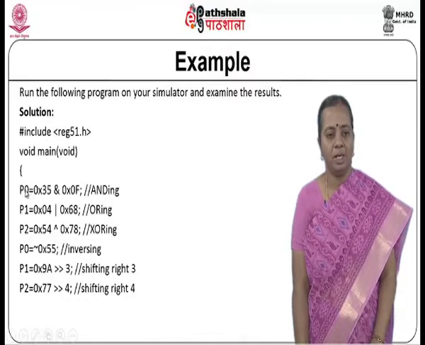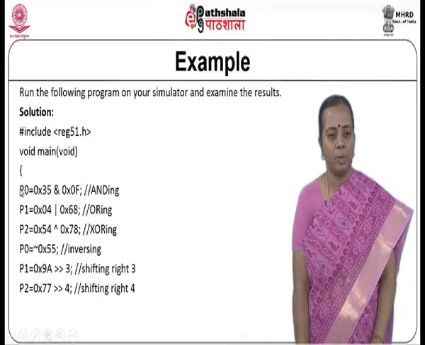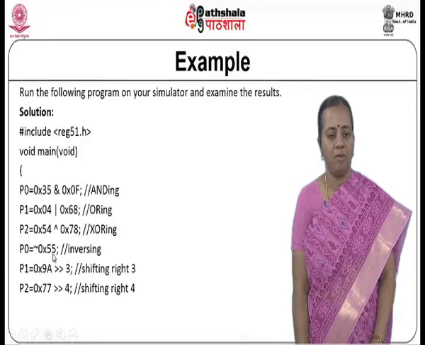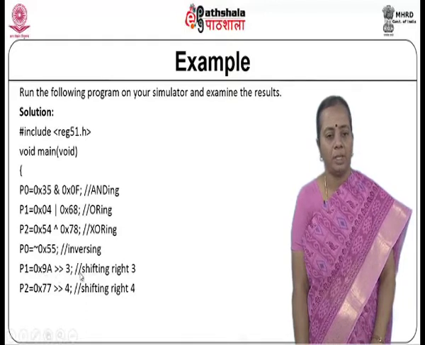So, just see that we are using these ports as output ports, and the logical operations can be written as an expression, and the result will be pushed towards the output ports like P0, P1 and P2. If I wanted to invert it, just take 0x55, 55 is inverted, so that AA will be there, which will be given to your P0, and this value is shifted right by 3 positions and it is given at P1.